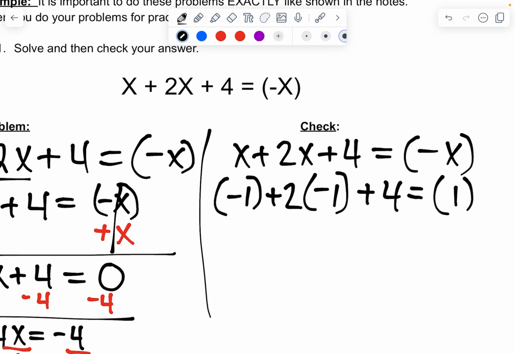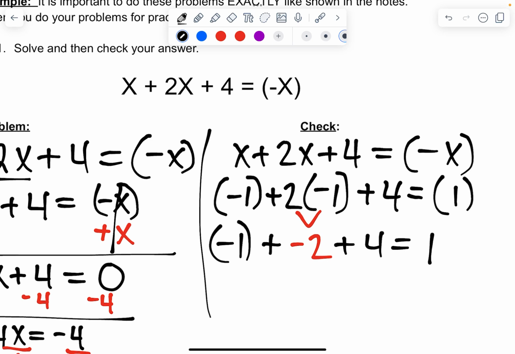So now, order of operations, I'm going to multiply. So I get negative 2 here. And I'm going to add the other things. And the parentheses around the 1 right here, you can drop those if you want to once you do substitution. It's kind of up to you and what you'd like to do on that.